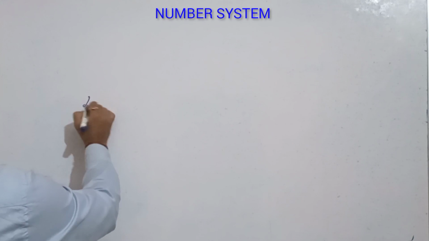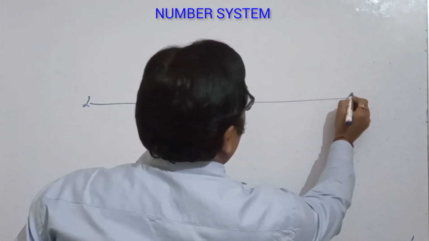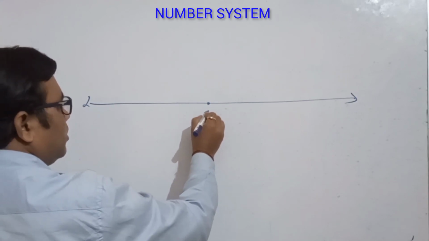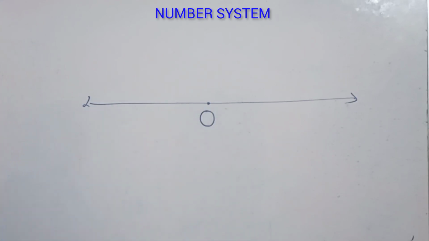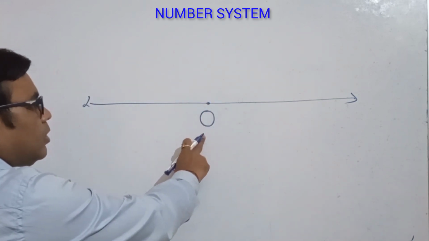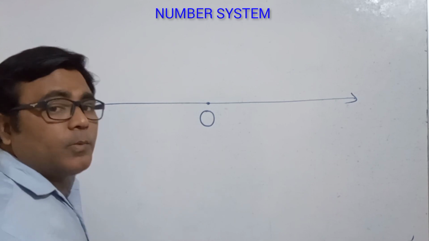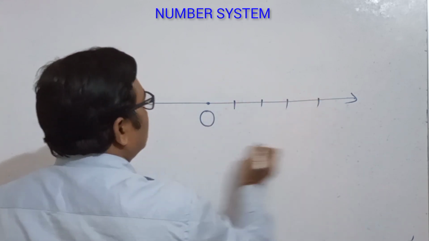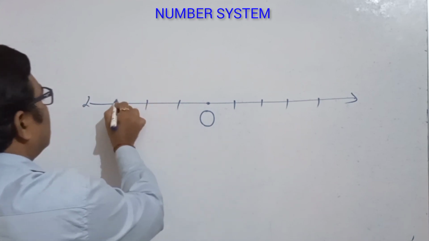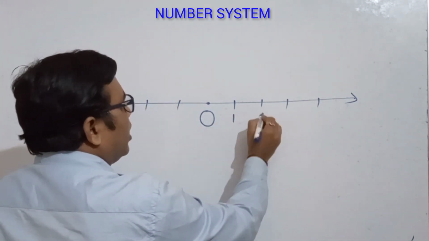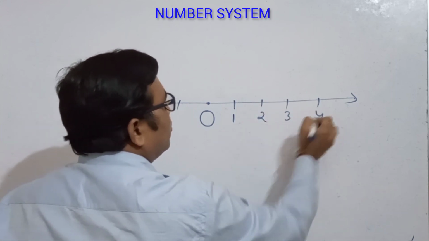First, we will draw a line. Take any point where we can write 0. And next, at equal interval, this one is 0, we can write 1, 2, 3, 4.